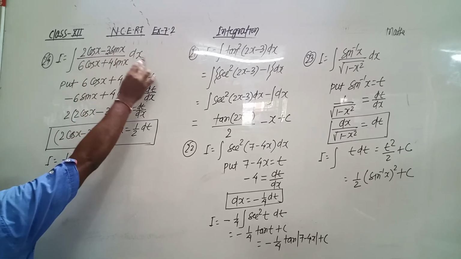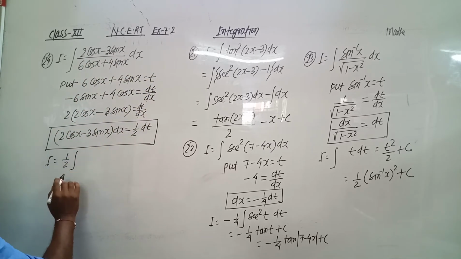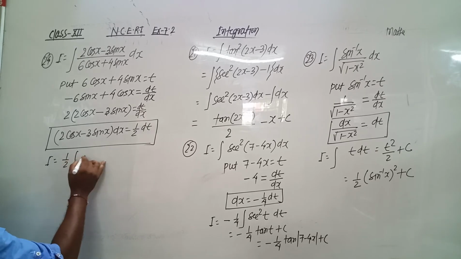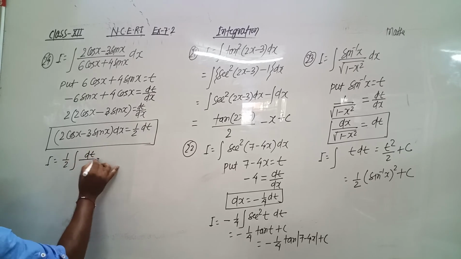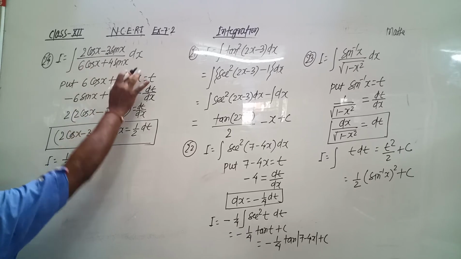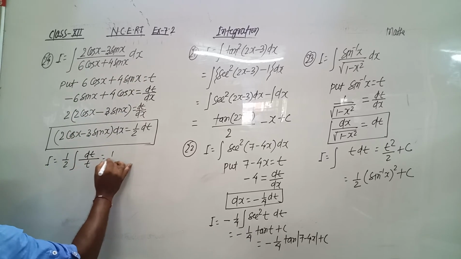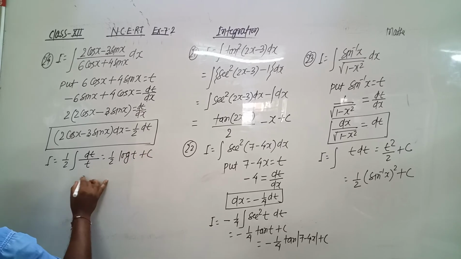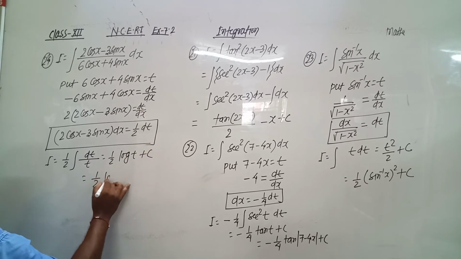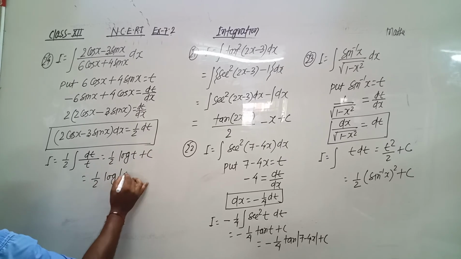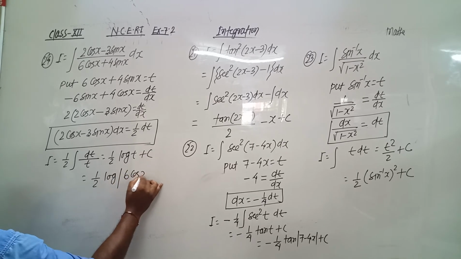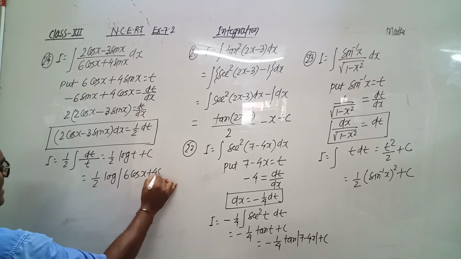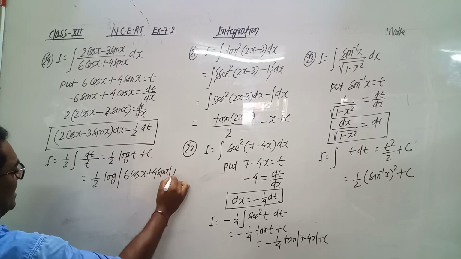In place of 2 cos x minus 3 sin x dx, we will write 1 by 2 dt, and the denominator is t, which we have supposed. So it gives 1 by 2 log t plus c. Put the value of t. So 1 by 2 log of 6 cos x plus 4 sin x, plus c.